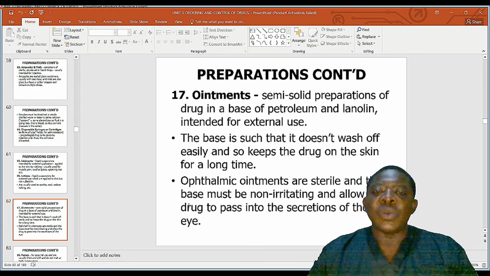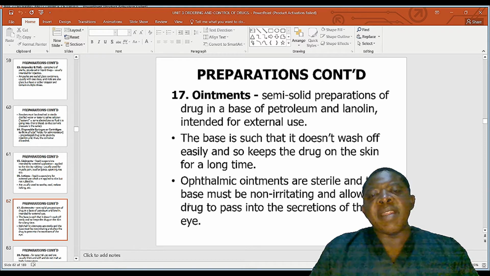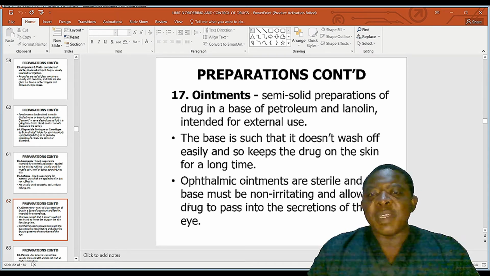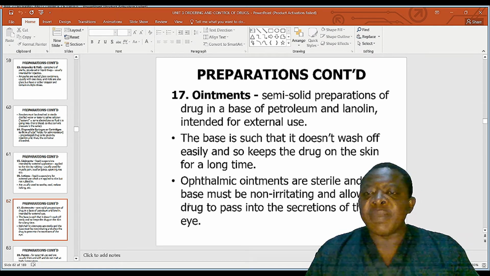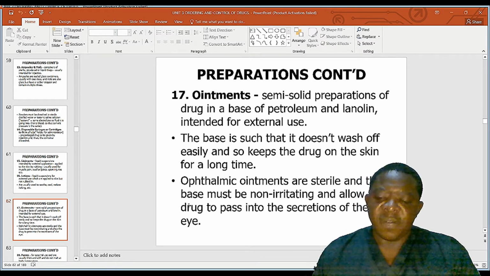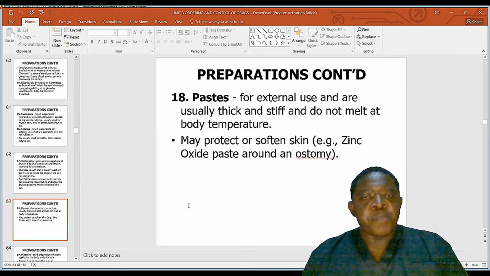So it will remain there on the wound, maybe where you have applied, for a long time. Ophthalmic ointments are sterile and the base must be non-irritating and allow the drug to pass into the secretion of the eye. Then we have pastes.